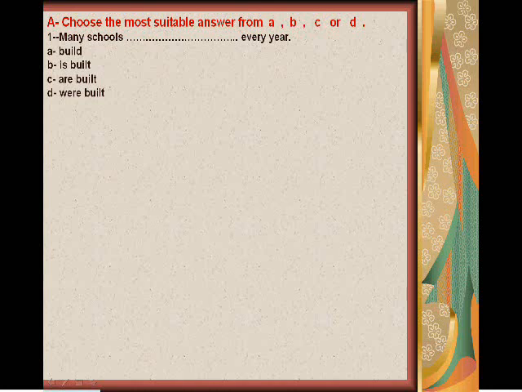Many schools. So if I have a passive sentence, then I will go immediately and look for the passive verb, okay? So which option should I forget about, should I eliminate? Of course, A, build. Completely wrong here because this is not an active sentence. This is a passive one, okay? So I have to look at B, is built, C, are built, and D, were built.